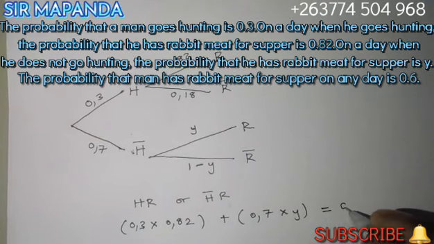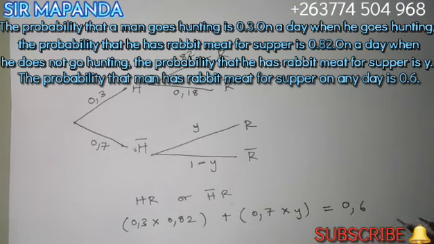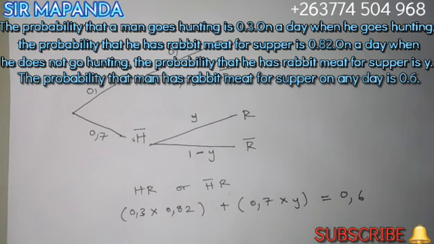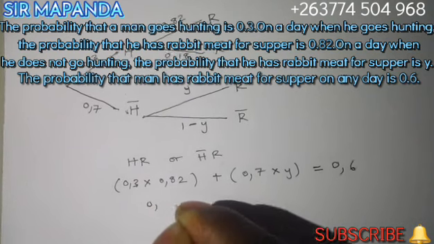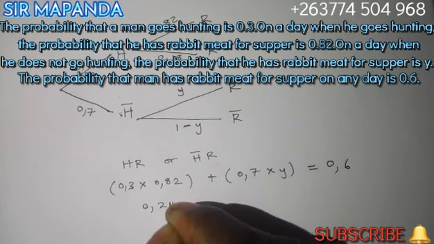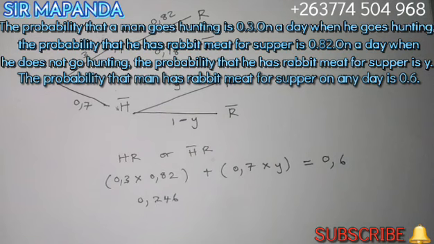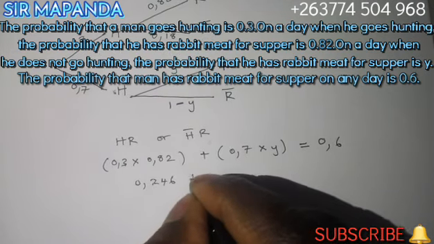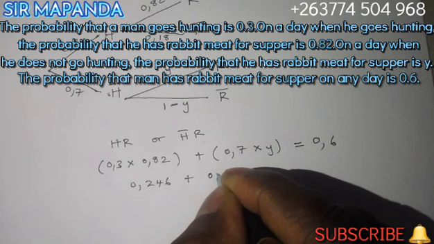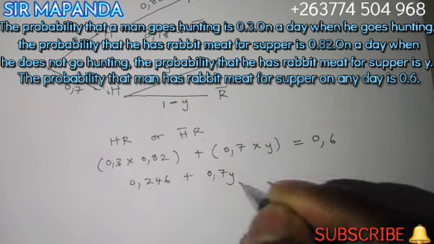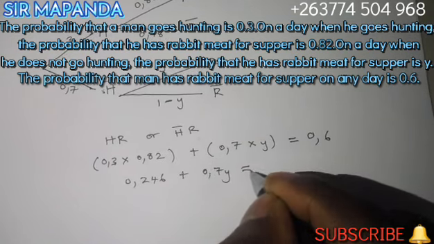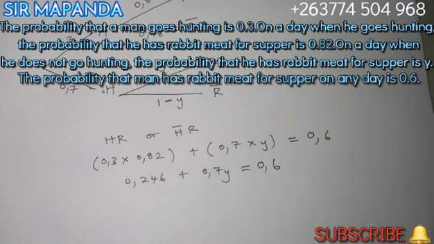Then equate with 0.6. So 0.3 times 0.82, you get 0.246 plus 0.7Y is equals to 0.6.